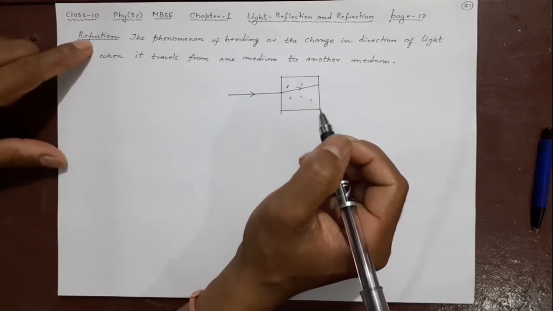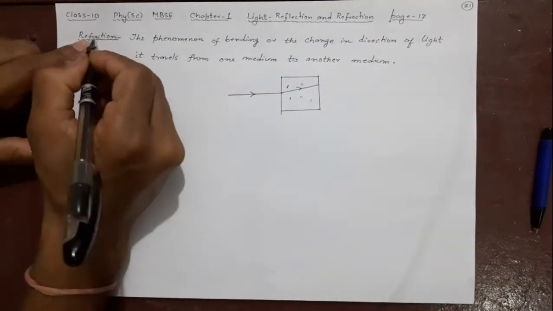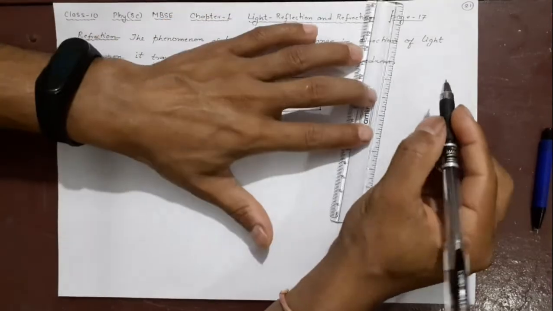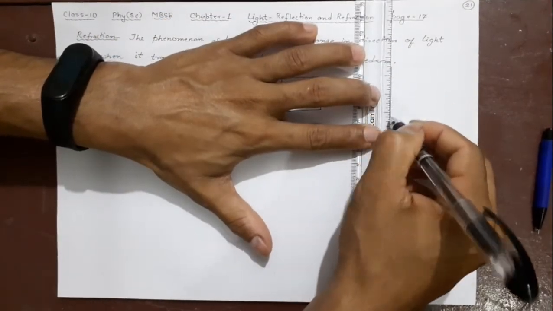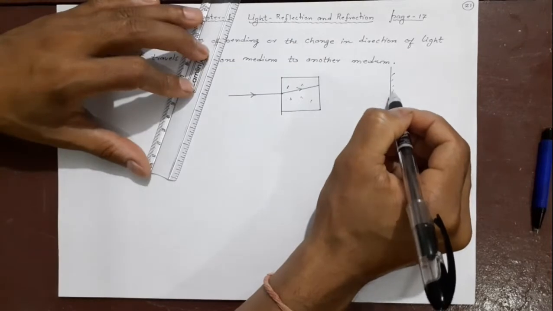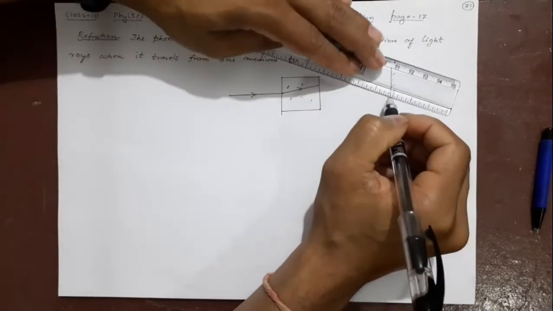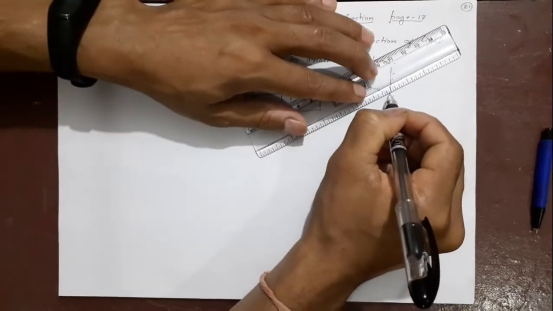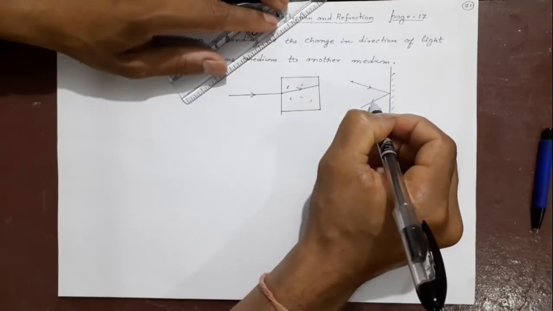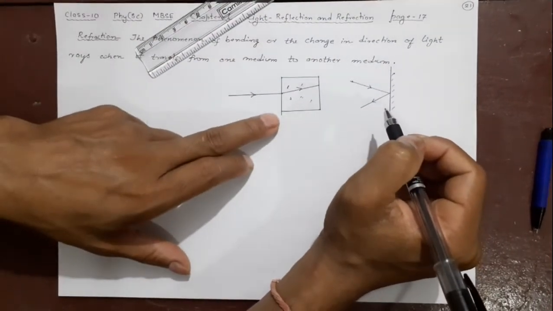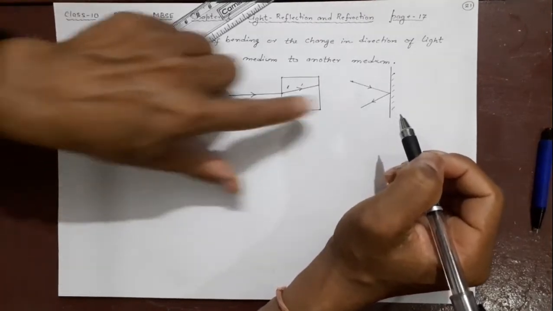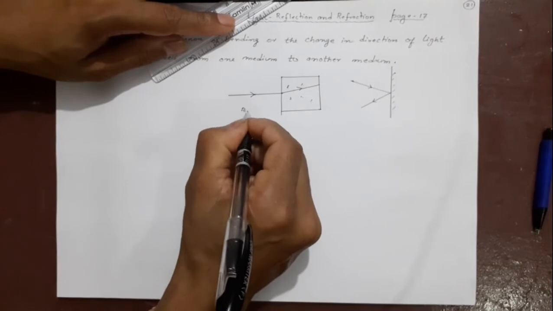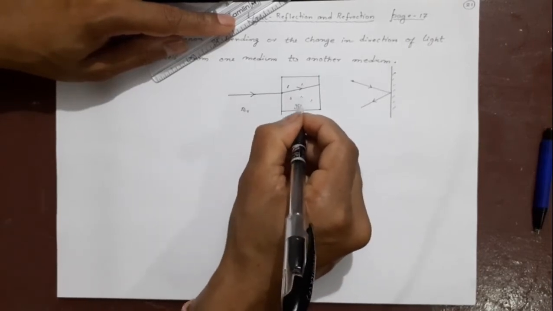Remember the refraction spelling is F-R-A-C-T. Whereas reflection was different. Reflection was bouncing back of the light, hitting here and coming back. This is called reflection. This is called refraction. In refraction, it has to go inside. So here the medium is air, here the medium is glass.